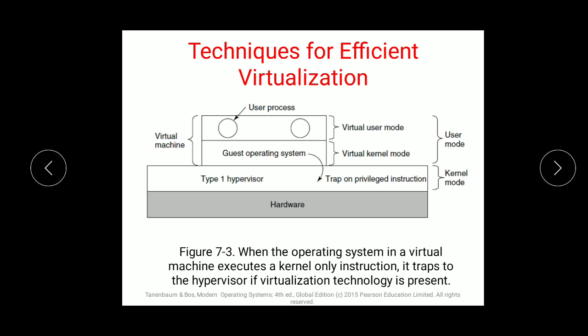It is not actually in kernel mode, it is just performing the task in kernel mode, and that is called virtual kernel mode. The virtual machine also runs user processes, which are actually in user mode.